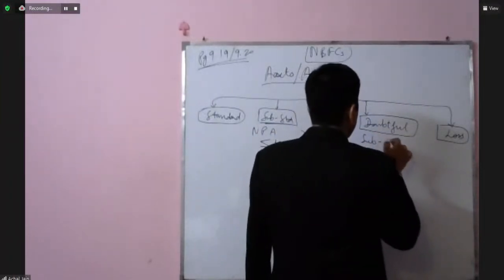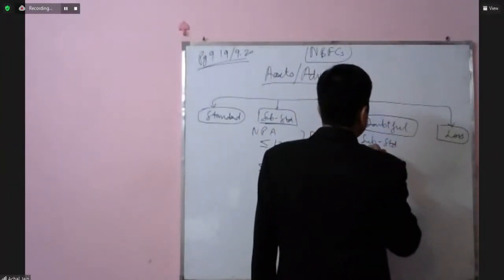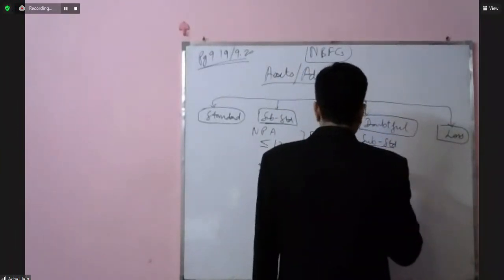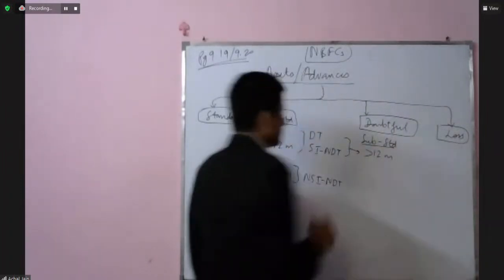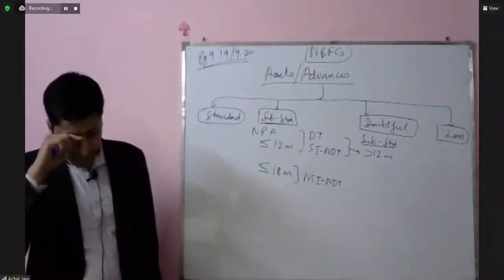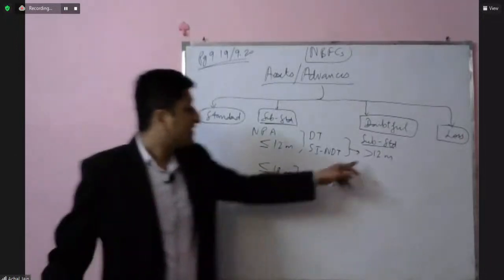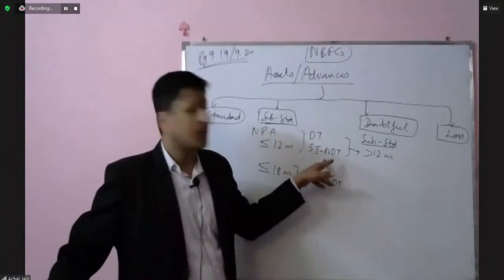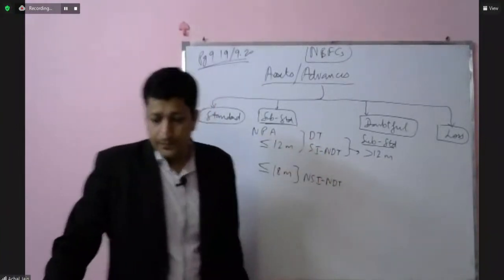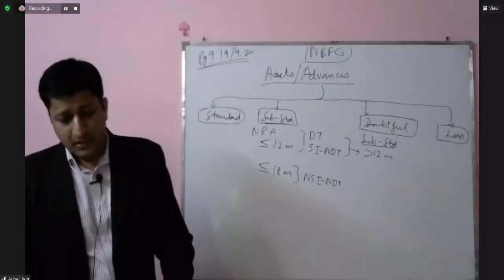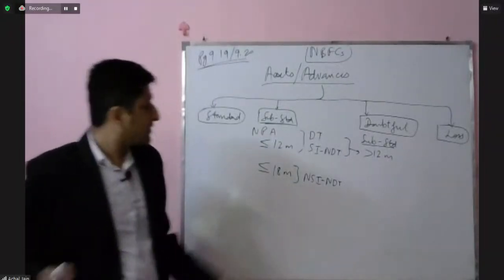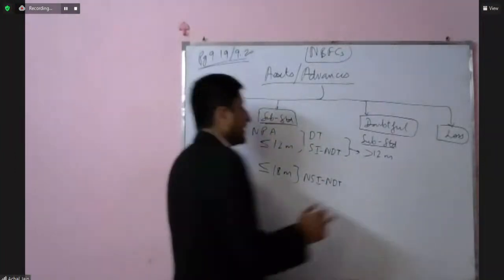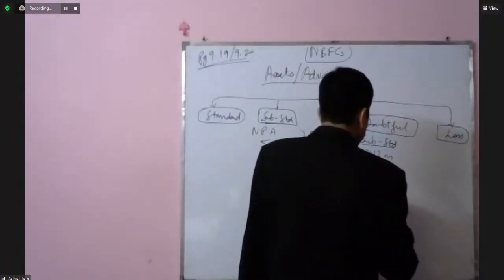So this is substandard for a period exceeding 12 months. Okay, and this 12 months criteria is for deposit taking, systemically important non-deposit taking. However, this period of 12 months will change to 18 months in case it is non-systemically important non-deposit taking.